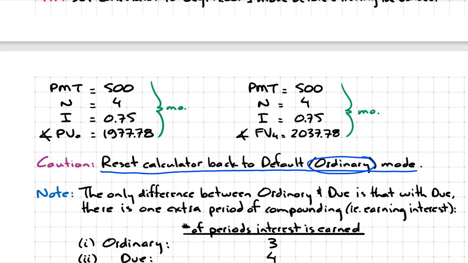And that's where your calculator is set for ordinary mode. So when you change that mode to begin, it'll remain in begin mode unless you change it back to ordinary mode. Now on our website, I have a tutorial that shows you how to go back and forth between begin mode and ordinary mode. And you should become comfortable with it.